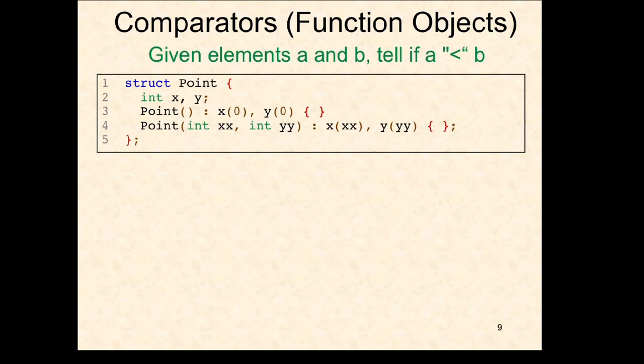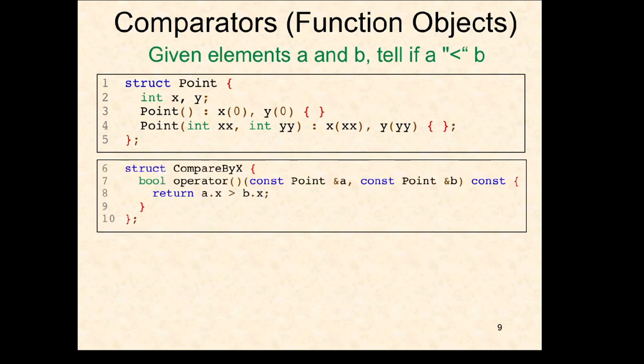Okay, so we're talking about functors here, and I was half listening to him while I was editing slides to post for the next couple days. So we've got a functor here, and here's a functor that we can use to, like it says, compare by x.